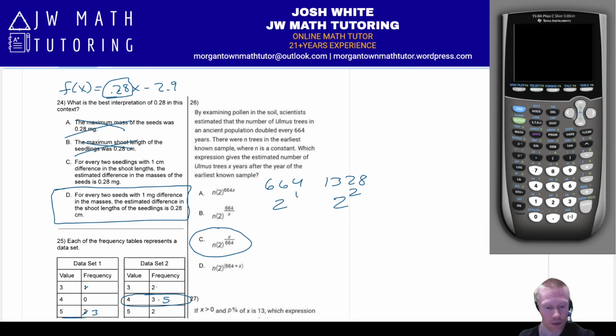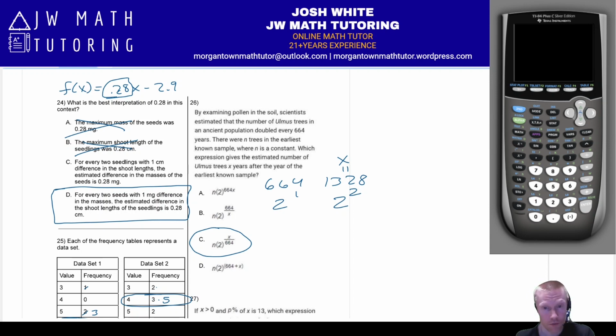But an alternate way you could do this is by picking numbers. What I mean by that is pick a value of number of years for x where we know how many doublings would occur. So what I did is I let x equal 1328. That means the population of trees would have doubled twice, because after 664 years it would have doubled once, and then after another 664 it would have doubled twice.